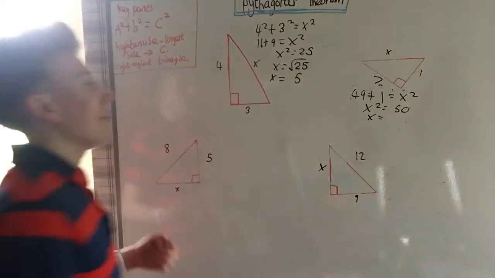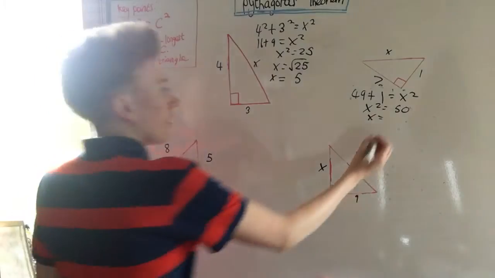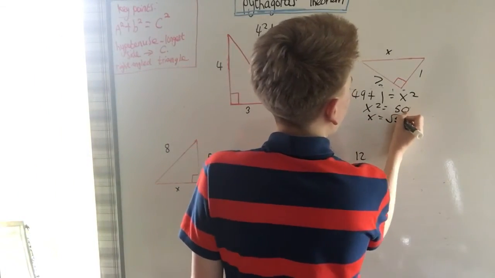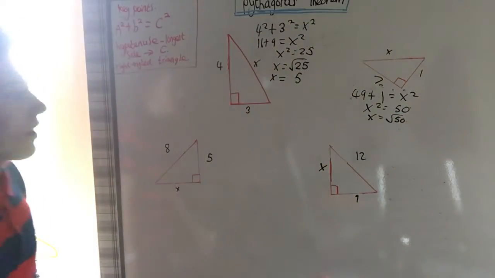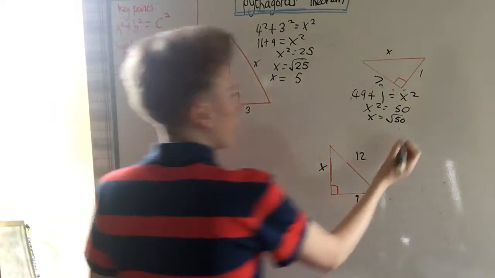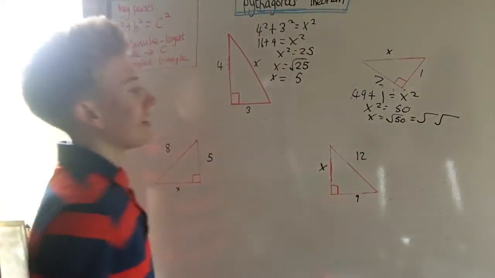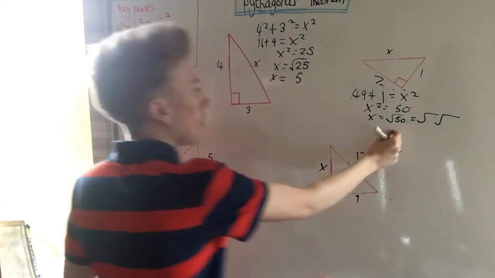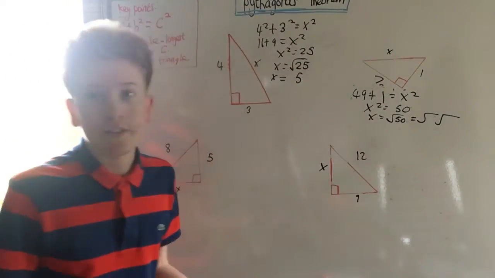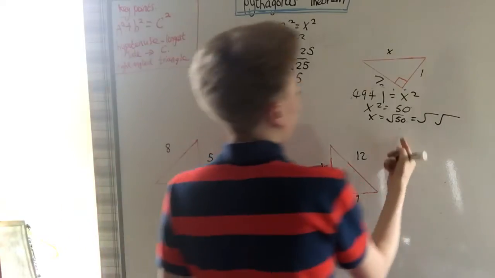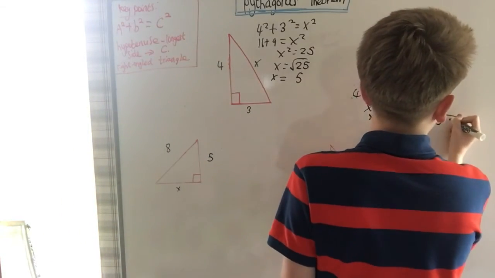Now if you're familiar with surds, you'll realise that the square root of 50, which is x, can be simplified. And all we do is we look for square numbers that multiply to give us 50. Well, straight away I can think of 25 and 2. They multiply together to give us 50, and 25 is a square number.